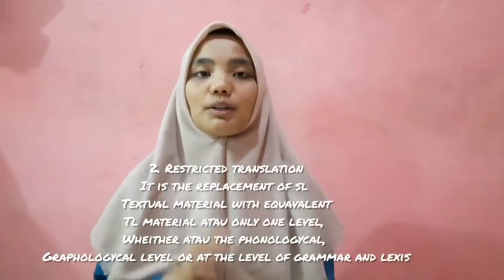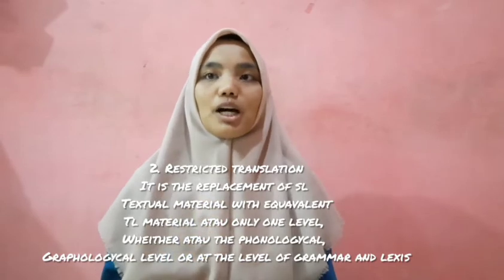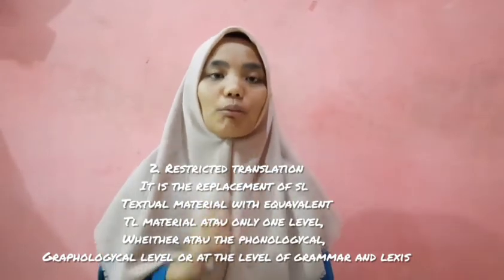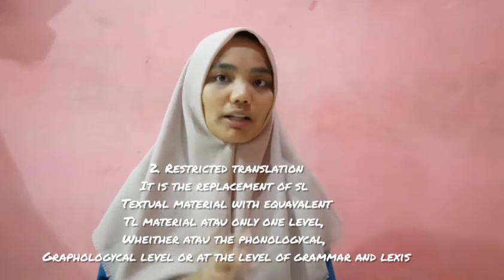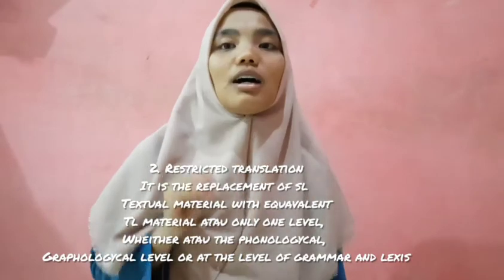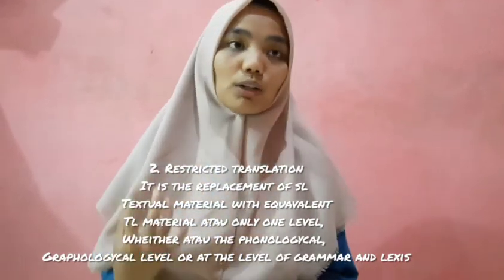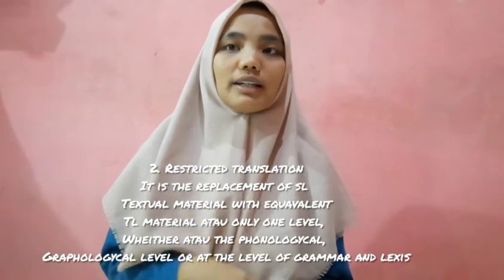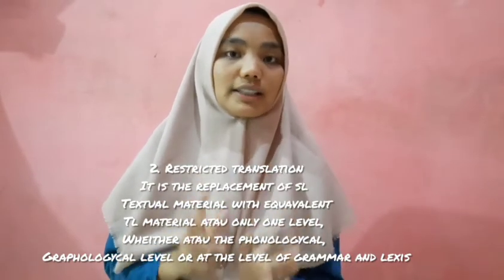And restricted translation is the replacement of source language textual material with equivalent target language material at only one level, whether at the phonological level, graphological level, or at the level of grammar and lexis. It means it involves translation at one or two levels.